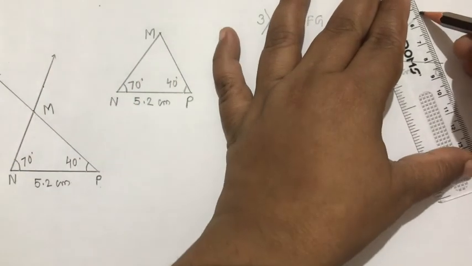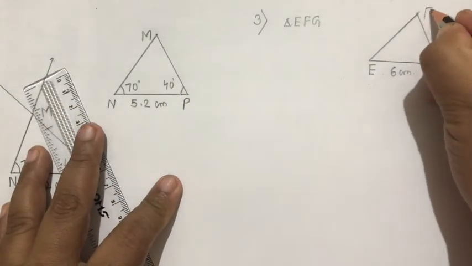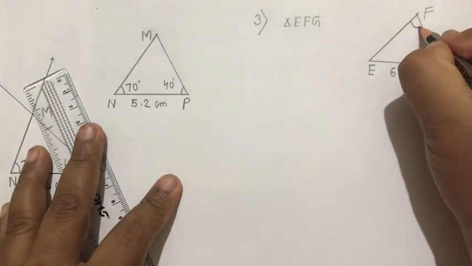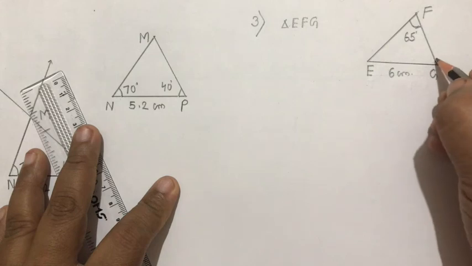In the question, it is given that angle F is of 65 degree. Angle G is of 45 degree.